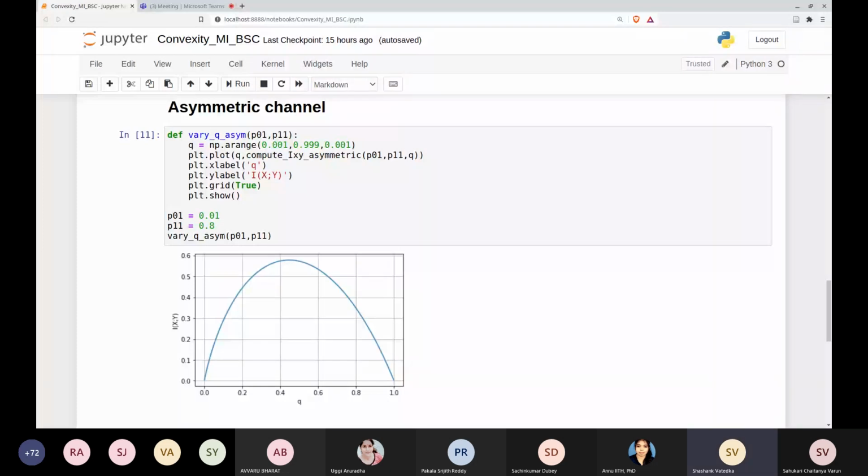At what point? The mutual information is always a concave function of the input distribution, right? Yes, sir. So it's just saying that Q equal to half is not necessarily the maximizer. The maximizer is something between 0 and 1.